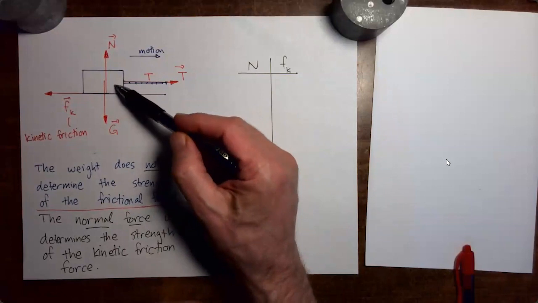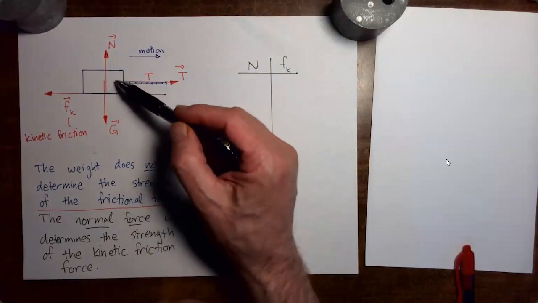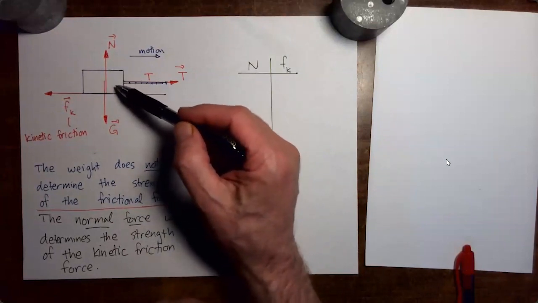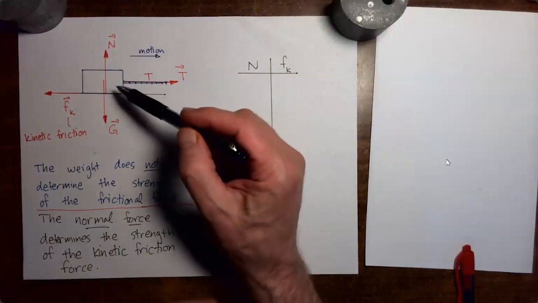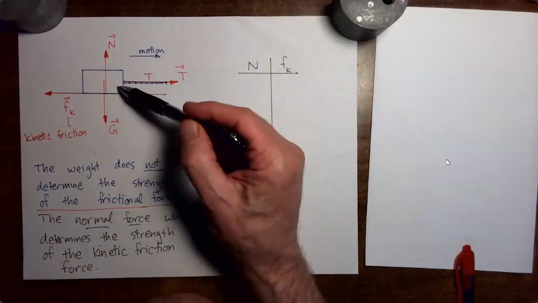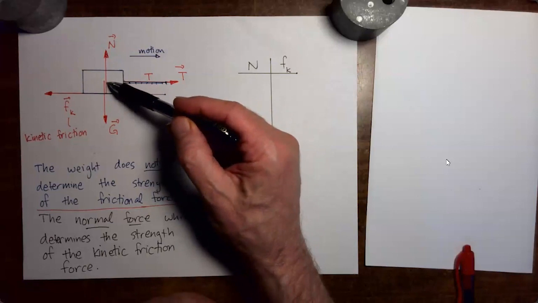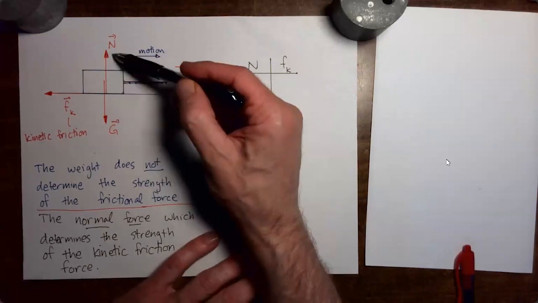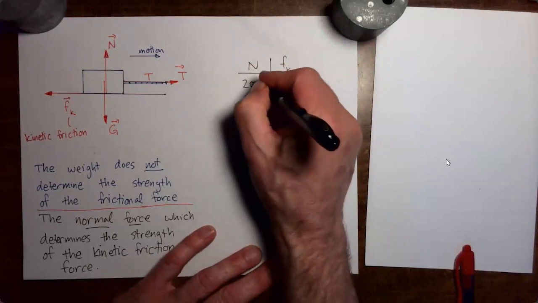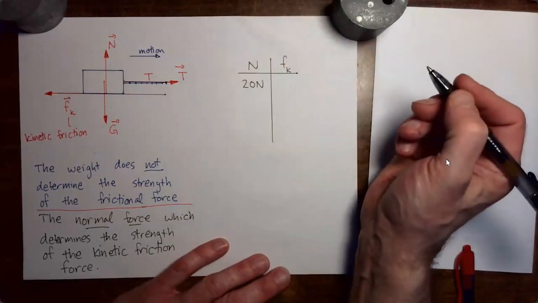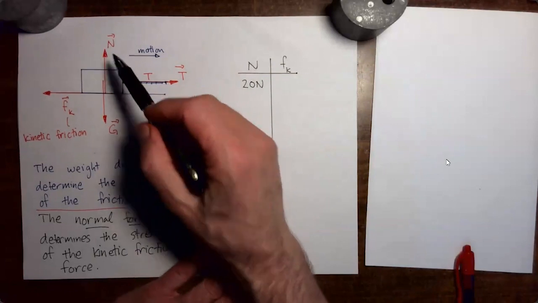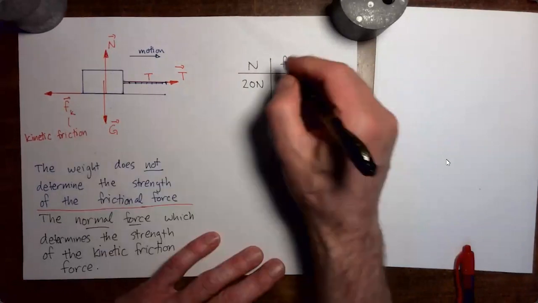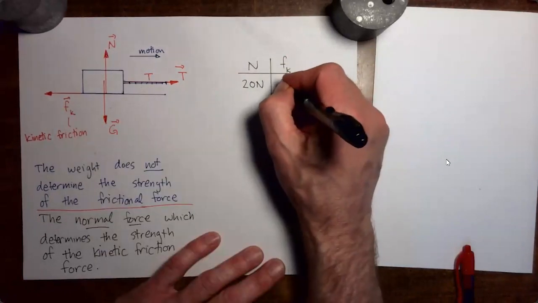At the beginning of the video, I had 20 newtons worth of stuff in the box. So there was 20 newtons of gravity pulling down, which means that we had 20 newtons of normal force pushing up. And with 20 newtons of normal force pushing up, we saw that the kinetic friction force was 5 newtons.